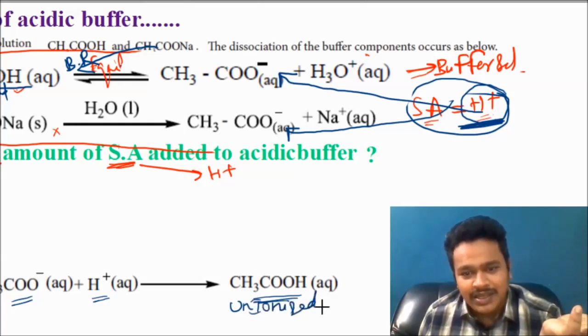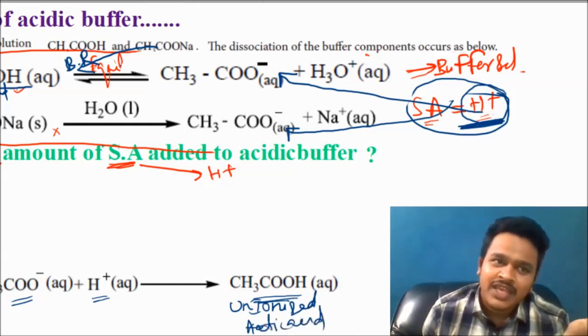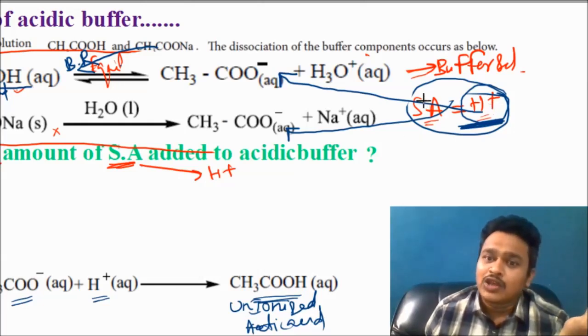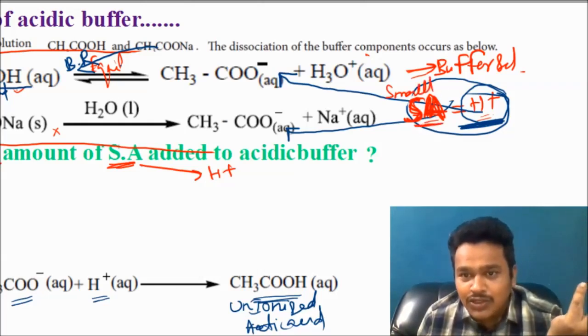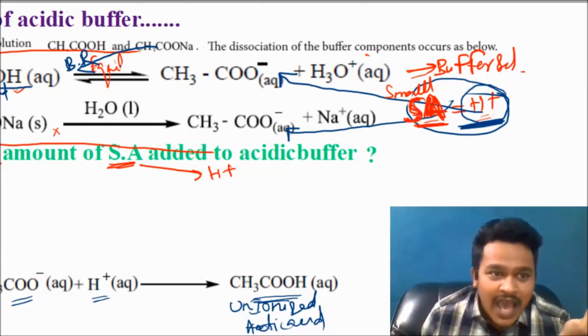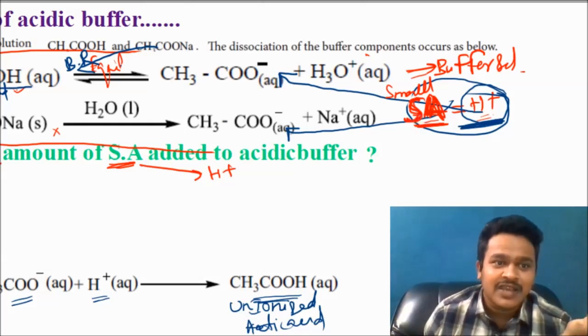Unionized acetic acid. That is why, even when you are adding a strong acid, a small amount only, remember, a small amount of strong acid, finally it becomes a unionized weak acid.